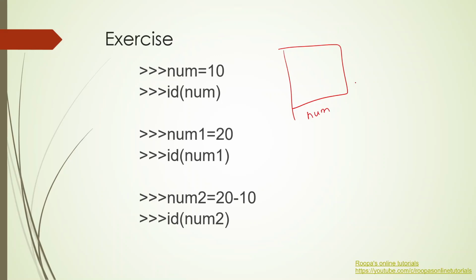All of this is pointing to the same memory location. So num points to this memory location, let us say whatever value we got, 2000, and num2 is also pointing to the same memory location. So this is the unique ID, but here the value is getting changed. As I was telling you about these variables, let us continue.